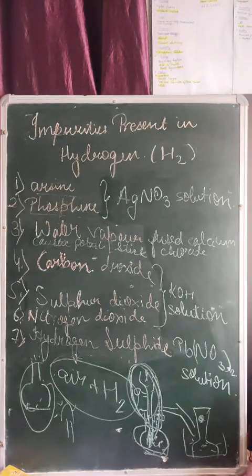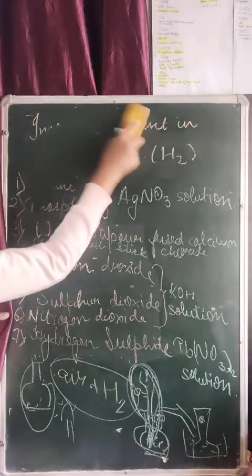Now we'll see some exceptions. Nitric acid is also in dilute form, in solution form, but still it is not used in the preparation of hydrogen from metals. Now what is nitric acid? HNO3.